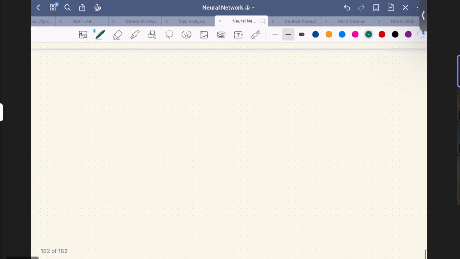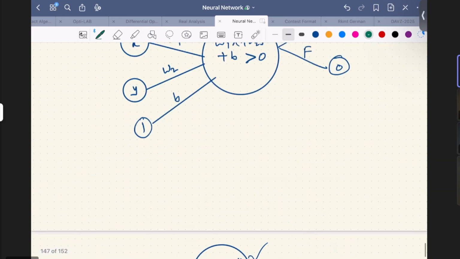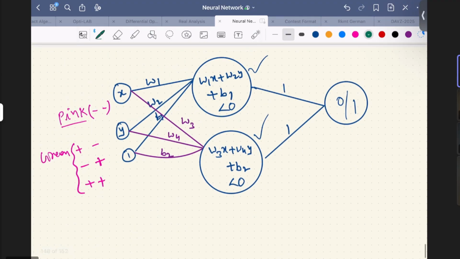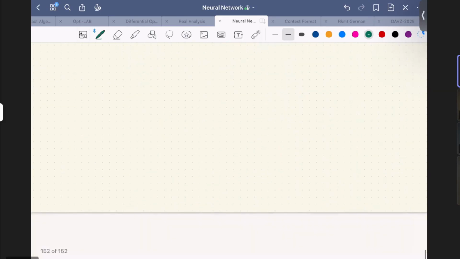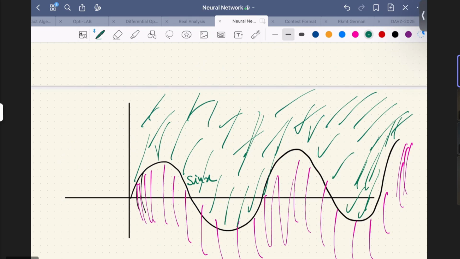Okay, I'm moving further. Here I asked you to work without any activation function, so that lines come out. Now here you can't do it without an activation function because of the non-linearity sitting here.